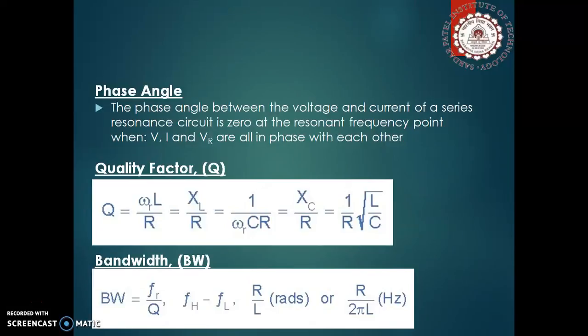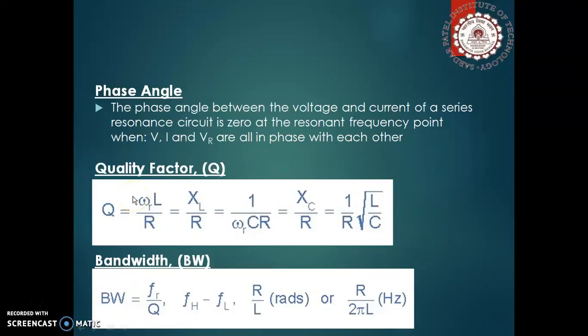Now phase angle is the angle between the voltage and current of a series resonance circuit, and it is 0 at the resonant frequency point, when VL and VR are all in phase with each other.